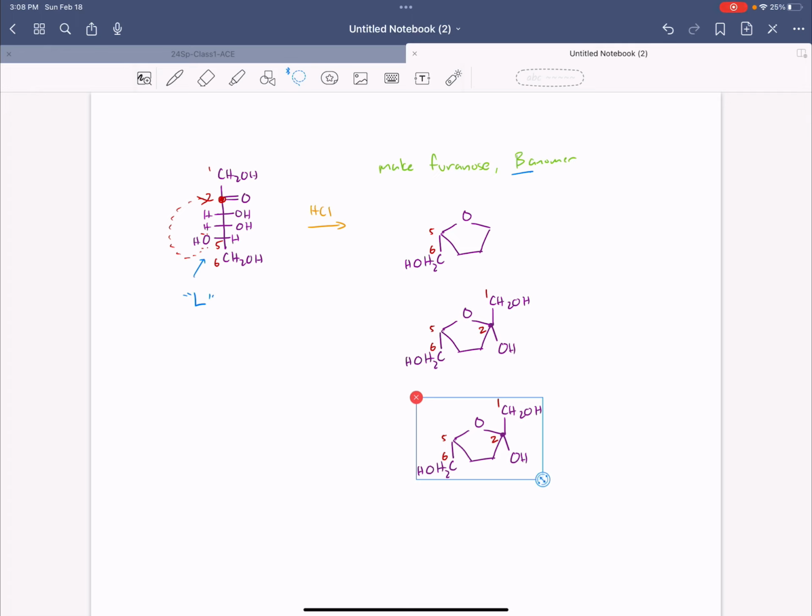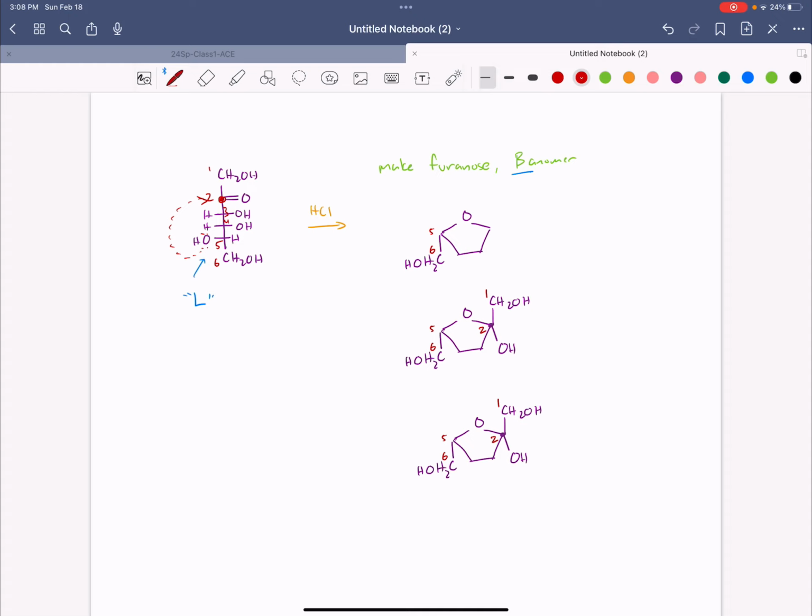All right, the next things to take care of are the OHs in the middle. So that is for 3, 4, just 3 and 4. Right? We took care of the OH on 5, which is now this O. Fantastic.